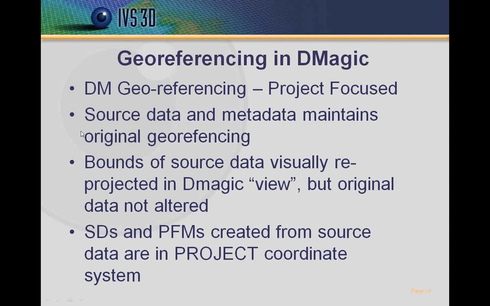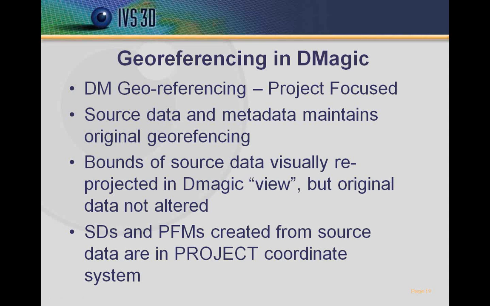So your source data can be in different projections. For example, it can come in as WGS84 into a project that's UTM Zone 19. It will display visually as UTM data, and if you create an SD file, it will then be reprojected. But the source data remains untouched. It doesn't get reprojected.